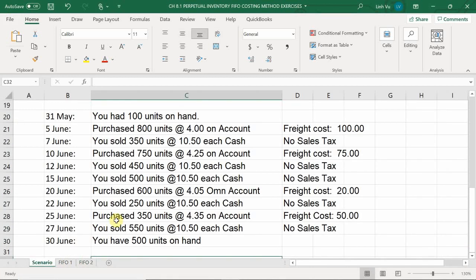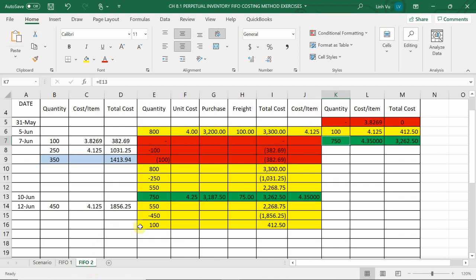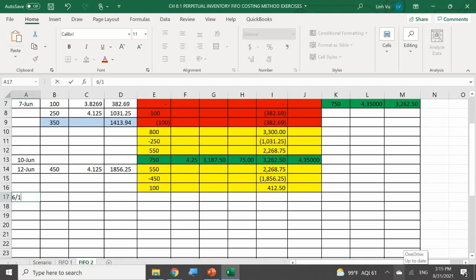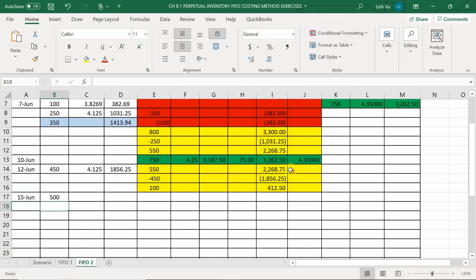So then let's see what happened next on June 15th. We end up selling an additional 500 units at $10.50. Okay. So we sold another 500 units. Right? So let's take a look at our inventory.